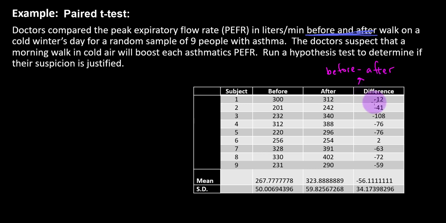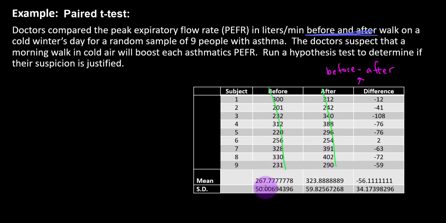So that's how those differences are computed. Down here, we've got the mean and the standard deviation of more than we really need. I've included this info here kind of as a ruse, because once you've got these columns of differences, you really don't need these values anymore.